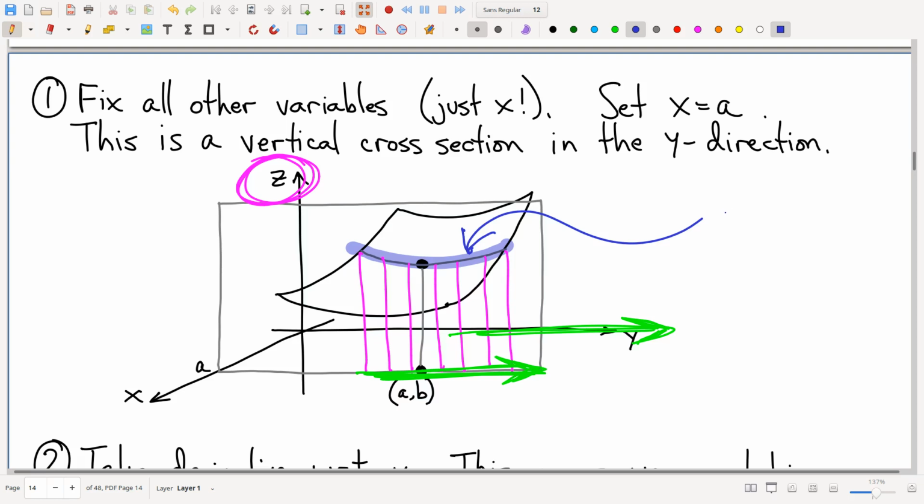Let's see here. What I chose z is now f(a, y), and so let's see. Let me highlight appropriately. What I have highlighted in orange is the single variable function of only y that results by fixing the other variable x at being a. And this curve is the graph of that single variable function.